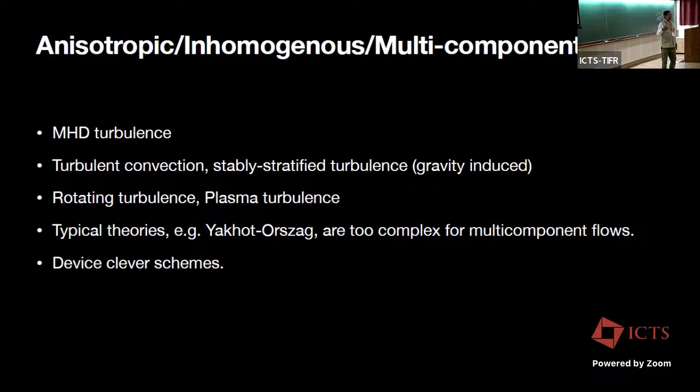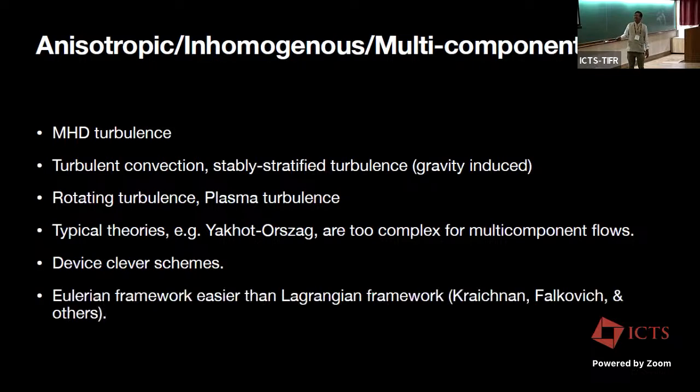There were more people in the past, but this field, I guess there's no funding, or it's not very hard, or maybe not important. Machine learning is more important. So that's how people have left this area. So we need to devise clever schemes. These are problems where we should be able to get some idea from field theory, but not much is happening right now.